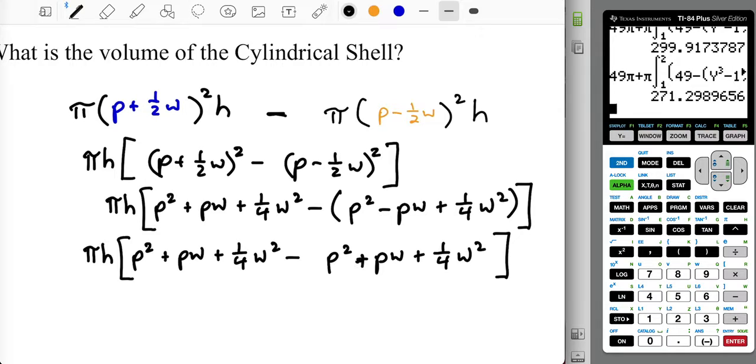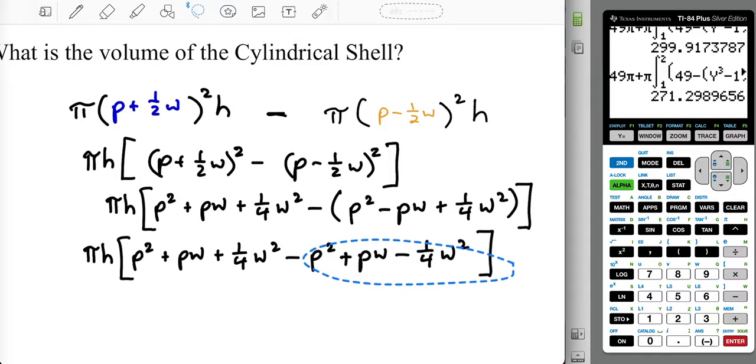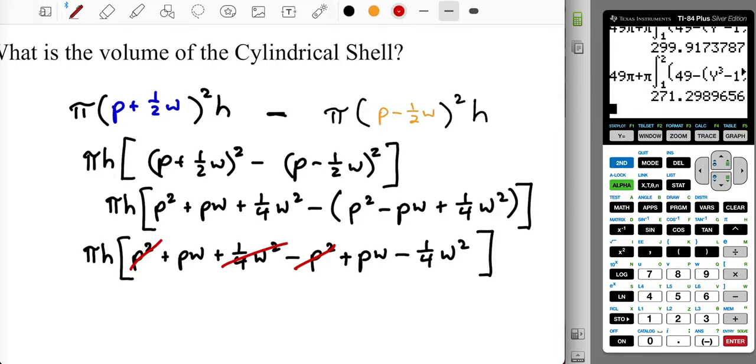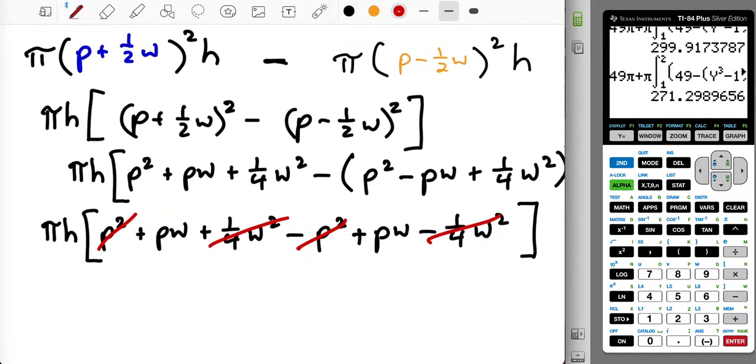Reversing the signs, it looks like a lot of nice cancellations here. And so really we got 2 PW's multiplied by pi h. So 2 pi h, really.